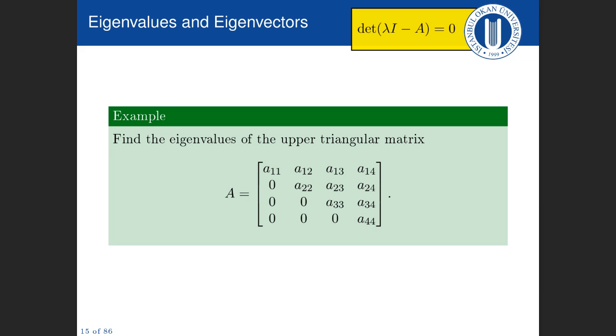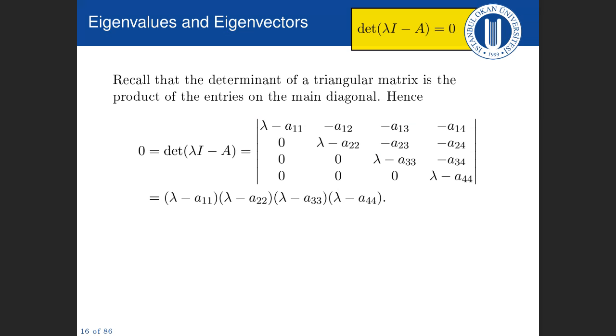Next example, find the eigenvalues of this upper triangular 4 by 4 matrix. Now we've looked at determinants of 4 by 4 matrices. Remember that the determinant of a triangular matrix is just a product of the entries on the main diagonal.